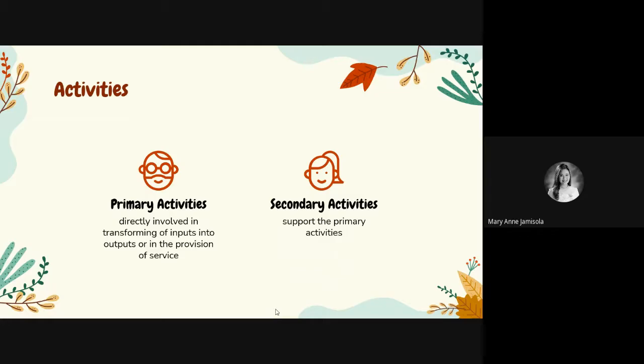Secondary activities are also known as support activities. The secondary activities support the primary activities. Although secondary activities are not directly involved in the creation of product, it doesn't mean that they are of less importance as compared to primary activities.